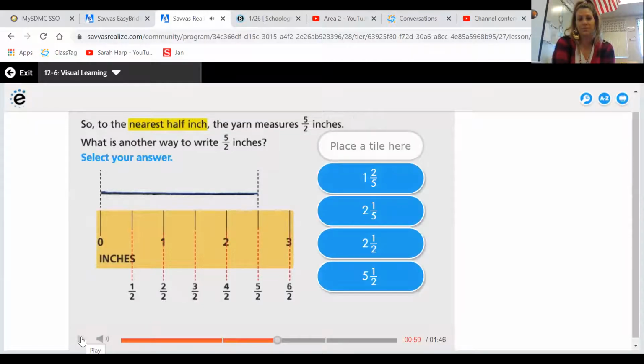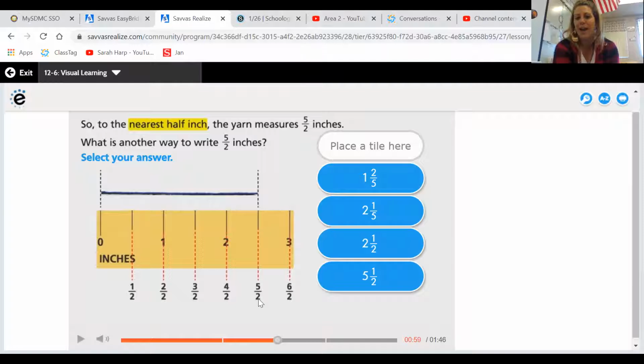Select your answer. All right, so they have it like we practiced with our fractions, okay? But we know in between each number, so in between the 0 and the 1 is a half, right? And then we've got 1 whole, and then we've got 1 1/2, and then 2 wholes, and then 2 1/2.